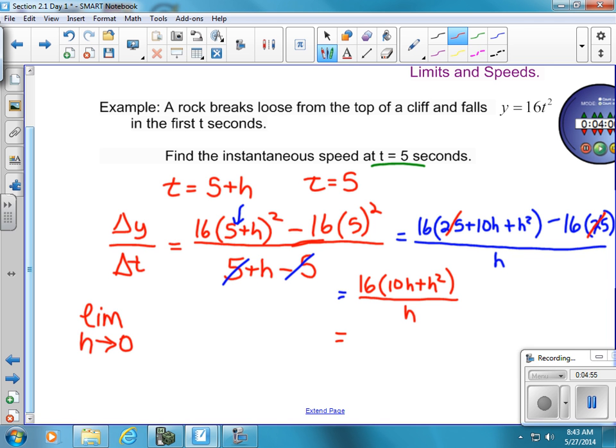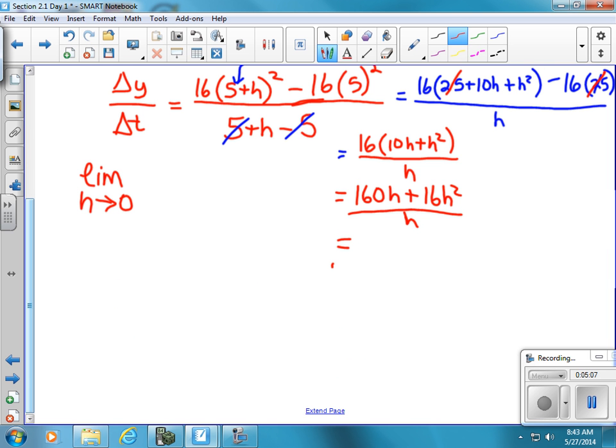This is going to equal 160h plus 16h squared, over h. If we divide both of those by an h, we're going to get 160 plus 16h. And again, we're going to take the limit of this as h goes to 0.